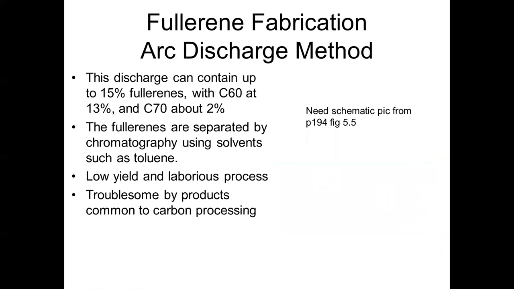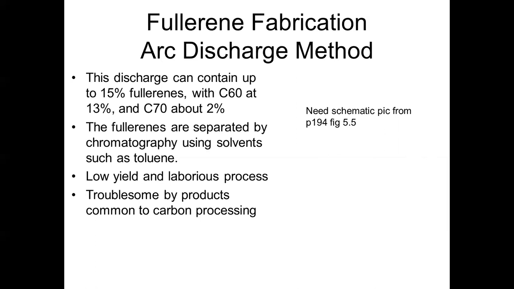So again, this is a lowdown on the distribution that I was referring you to from before; I don't have the schematic picture from that book. We can use chromatography to separate the different materials made in this configuration so that we can get a more pure concentration of a particular fullerene.